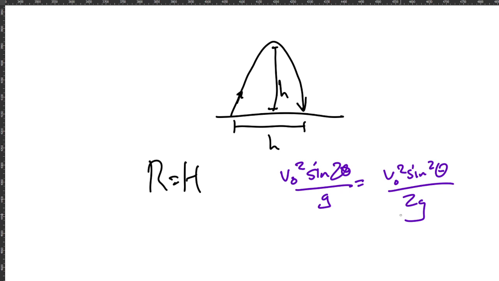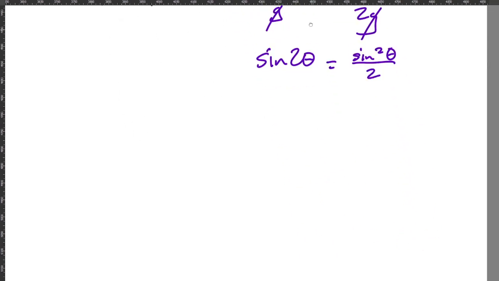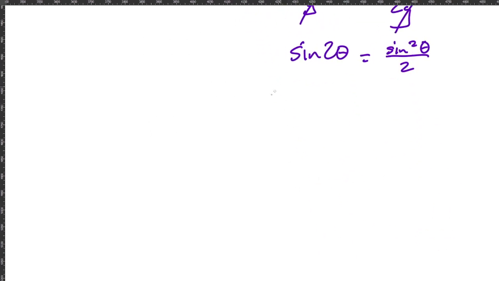Alright, that's quite simple. Let's start eliminating stuff. Velocity, gravity. And now we get to a point where we have sine 2 theta is equal to sine squared theta over 2. Now this is where we get that trigonometry back again. Sine 2 theta is equal to 2 cosine theta sine theta, right?